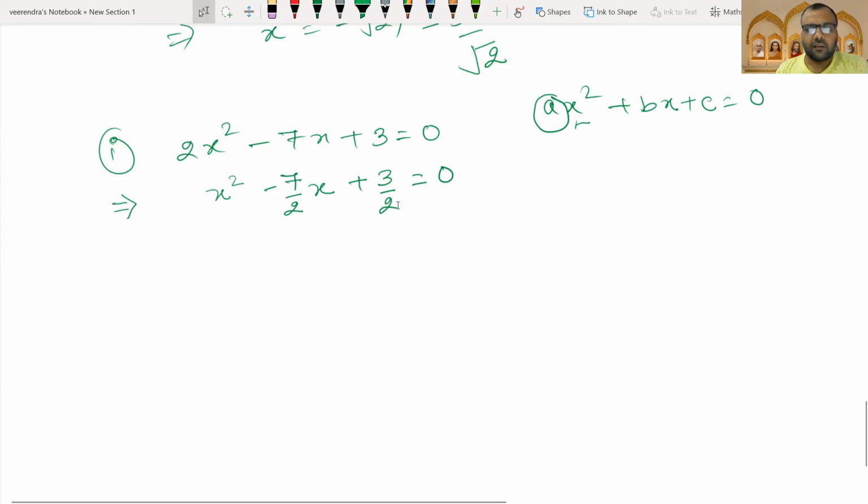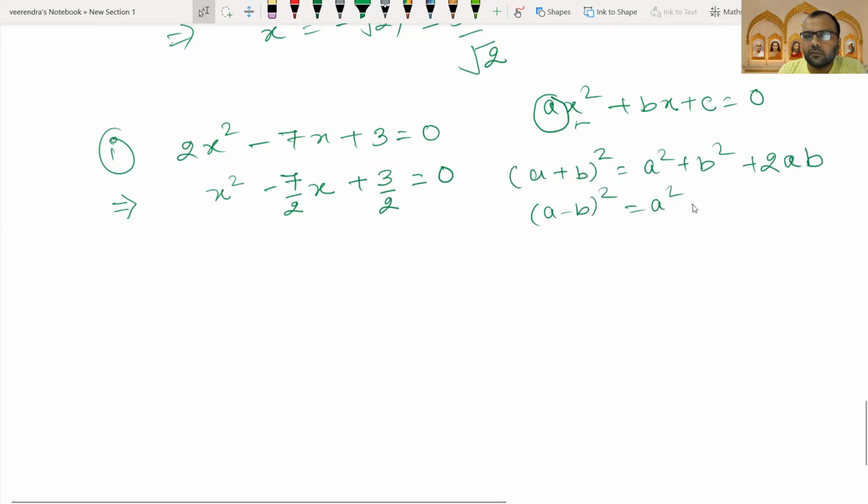Now we know generally there are two formulas: a plus b whole square is a square plus b square plus 2ab, and a minus b whole square is a square plus b square minus 2ab.